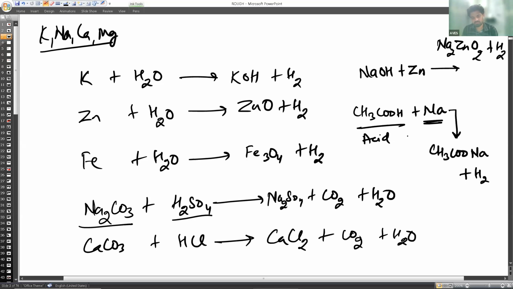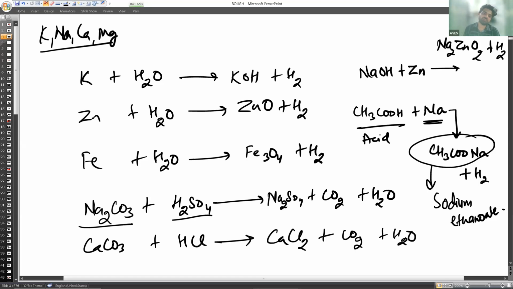These last two I don't remember. Its name is sodium ethanoate. Note it down fast in your copy, every reaction here. And what is the condition for zinc reacting with water? It should be in gas form, means in a steam form. Note it down fast.